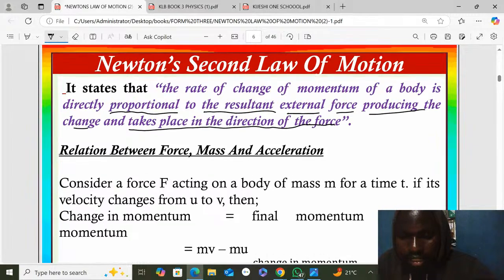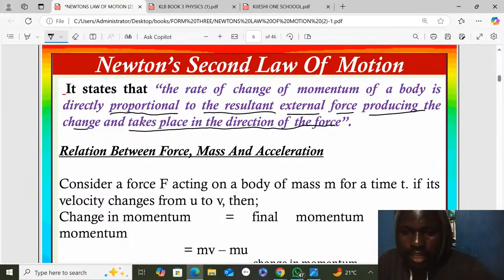You may allow me to use a different format in this case. And from the statement, we'll say that the rate of change of momentum of a body is directly proportional to the resultant external force producing the change.